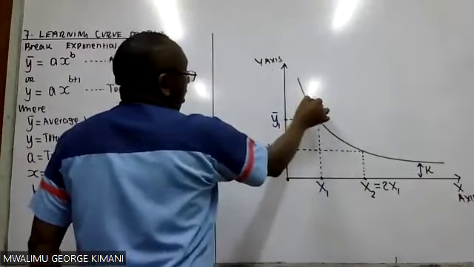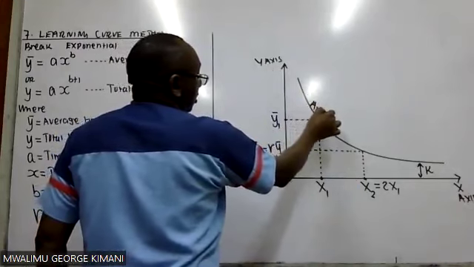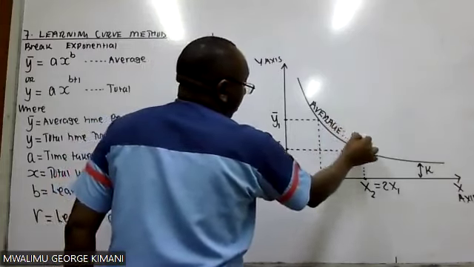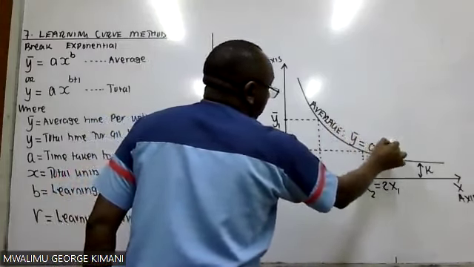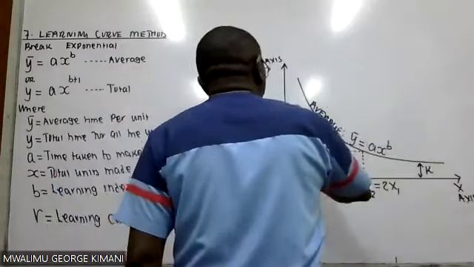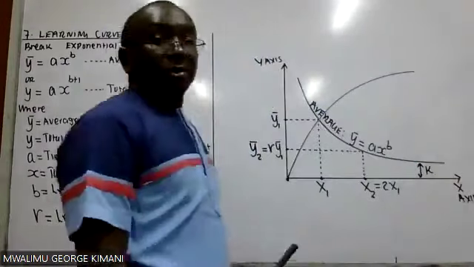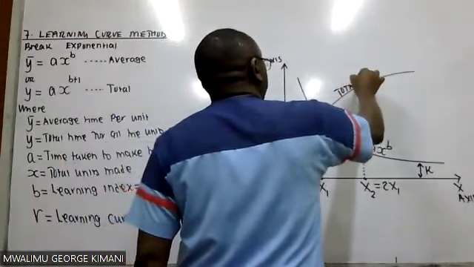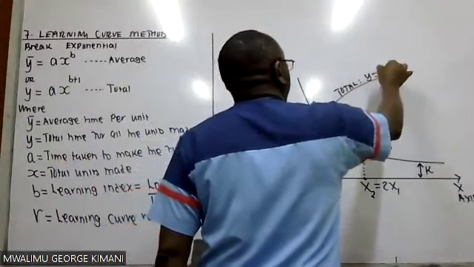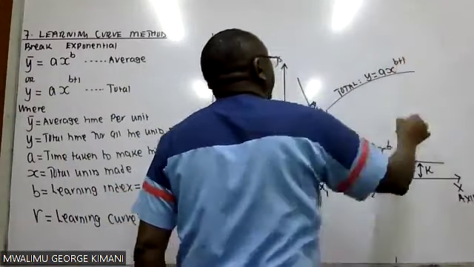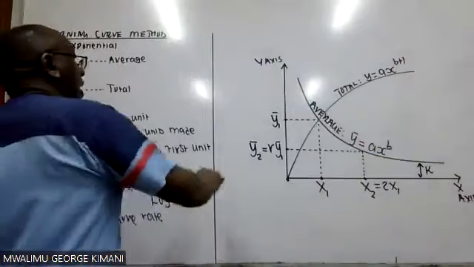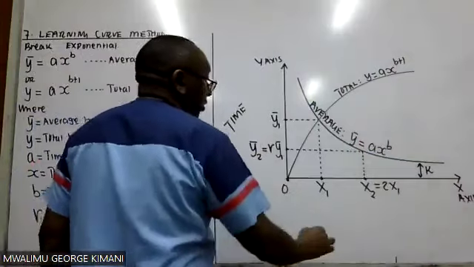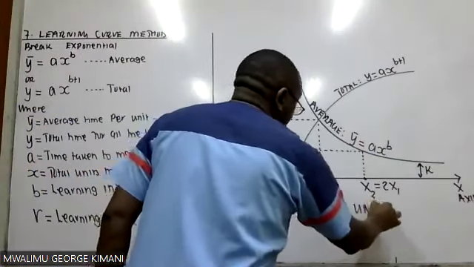Now this one is the average, and average is y bar, which is given as a x raised to the power b. Then total comes from there. So total is y equal to a x raised to the power b plus 1. Now on this side, this is time. Remember, this is 0, and these are units.